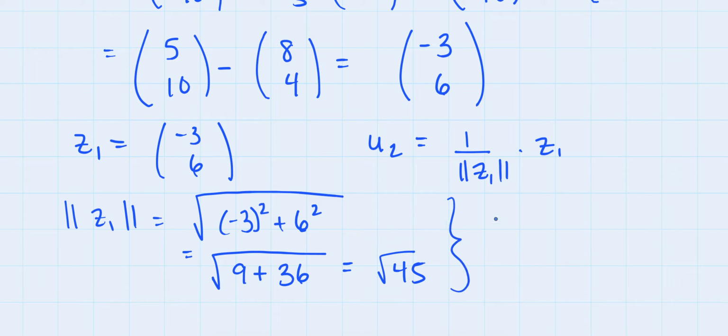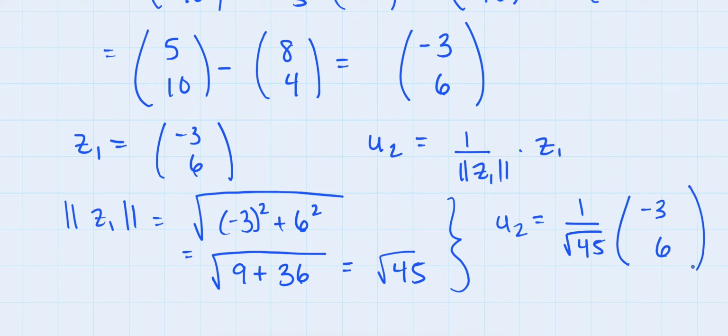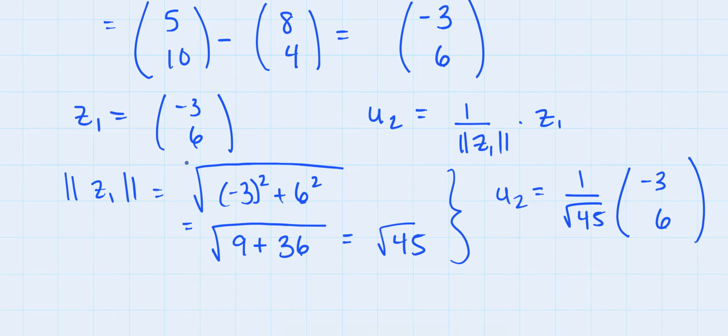All of this tells me that U2 is 1 over the square root of 45 times (-3, 6), because that's what Z1 is.